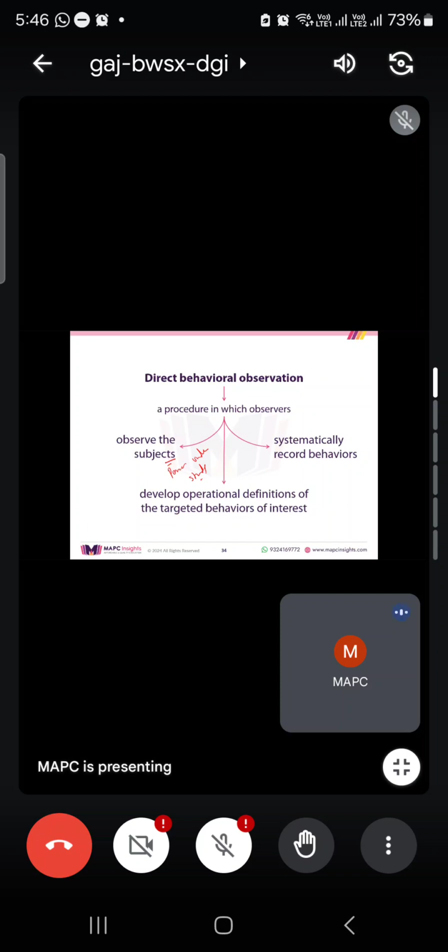The observer observes the subject and systematically records the behavior, so that it can be used later for assessment as well as treatment.